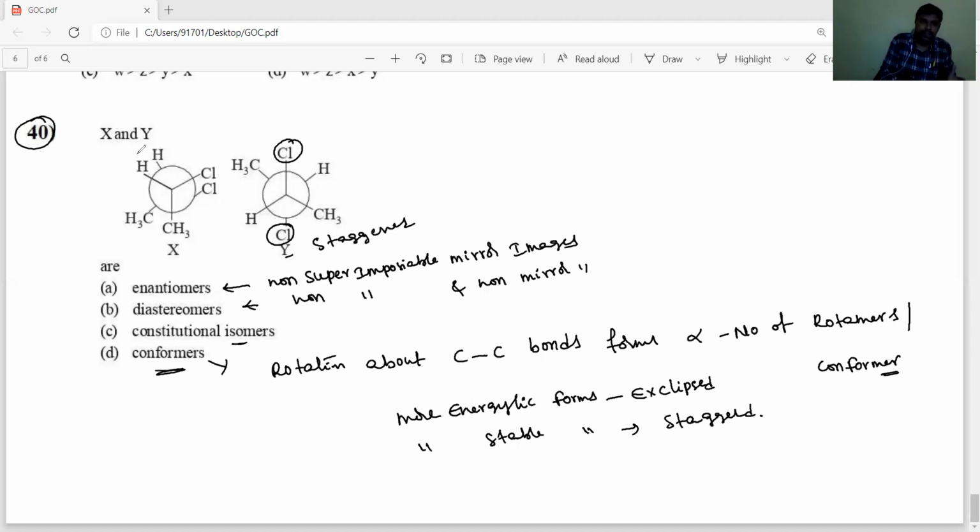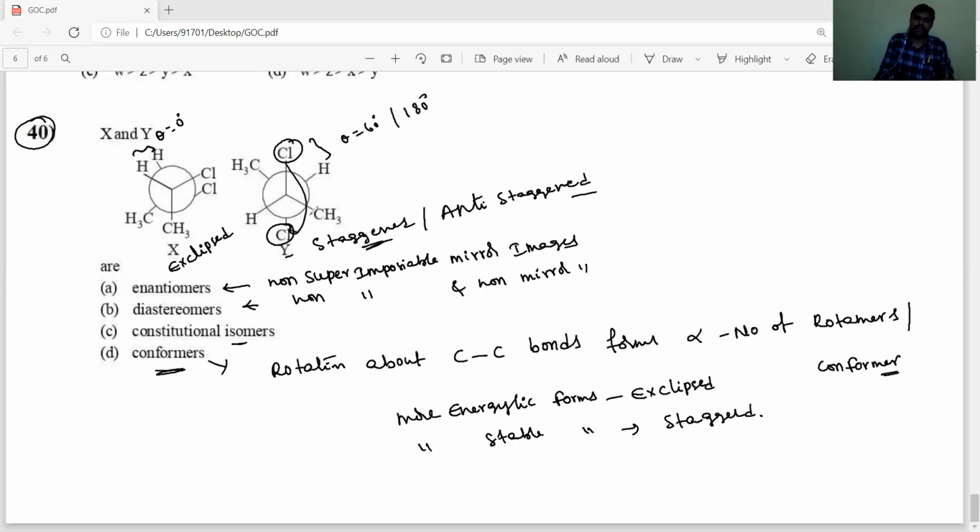Their dihedral angle theta is 0, and it is called eclipsed form. And here, the similar and bulky groups are exactly opposite, so that is the anti-staggered form, which is the stable form. The dihedral angle between chlorine and hydrogen is 60 degrees or 180 degrees, like this chlorine and chlorine.